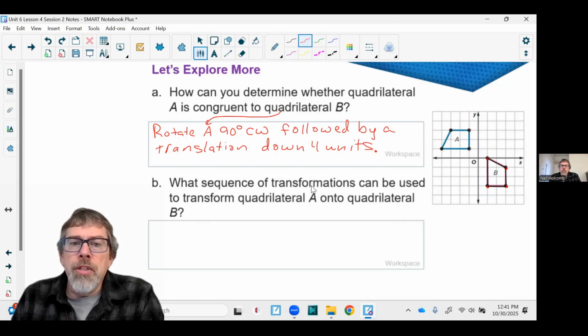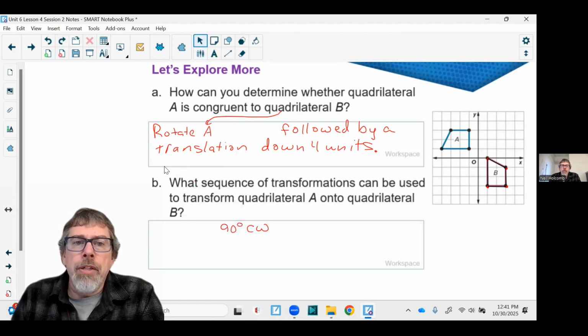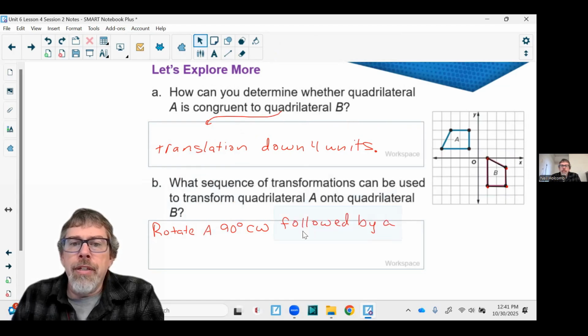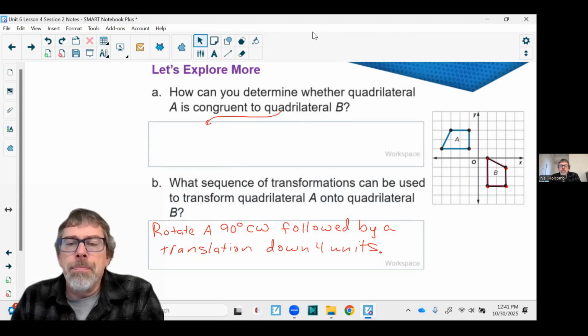What sequence of transformations can be used? Well, there it is. How do you determine? All right, well, I guess this is the answer for down here. So I guess I'll move this. Rotate A 90 degrees clockwise, followed by a translation down 4 units.